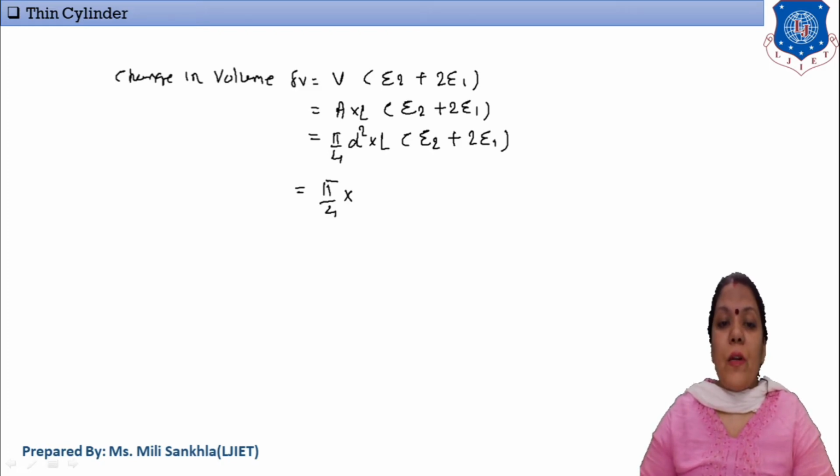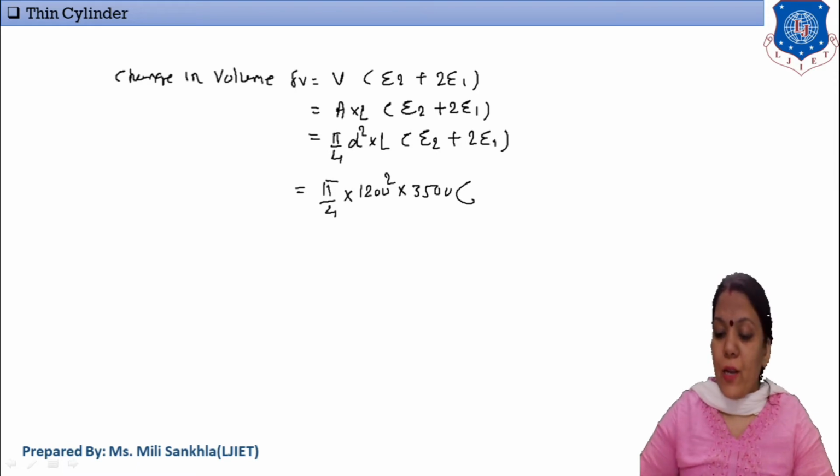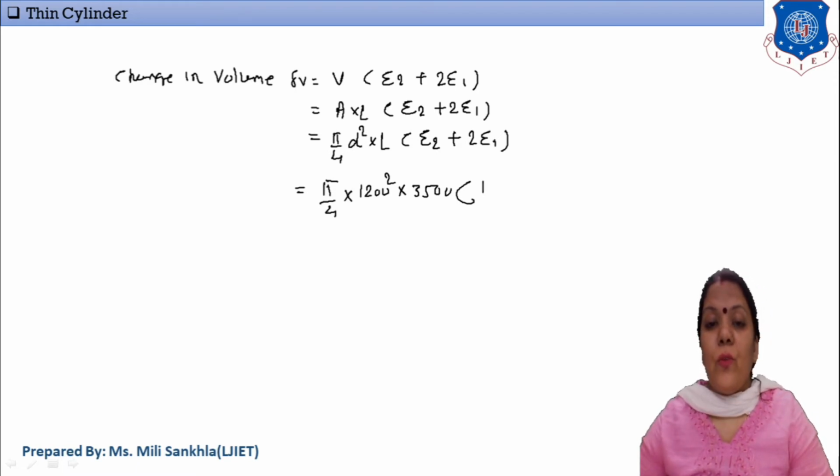Pi by 4, d is equal to 1200 square and L is equal to 3500. Now our epsilon 2 is 1.2 into 10 raised to minus 4 plus 2 into our epsilon 1, which is 5.1 into 10 raised to minus 4.